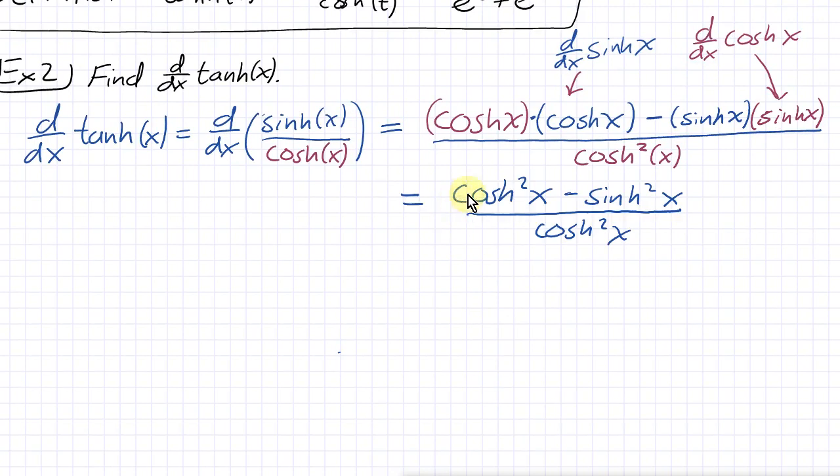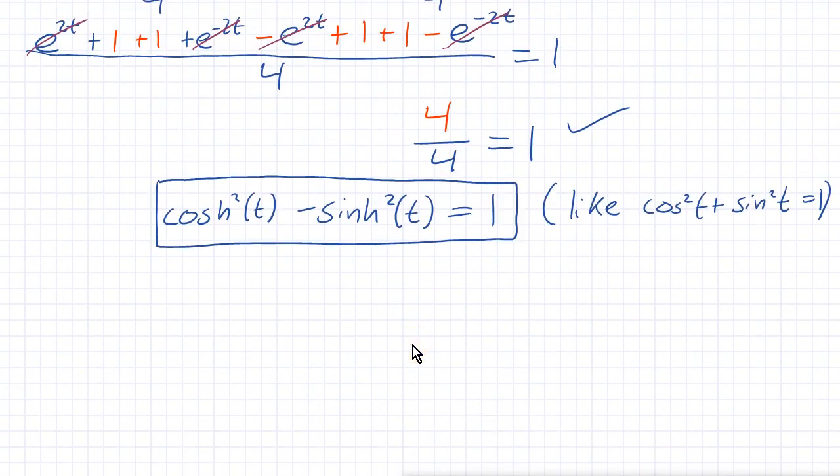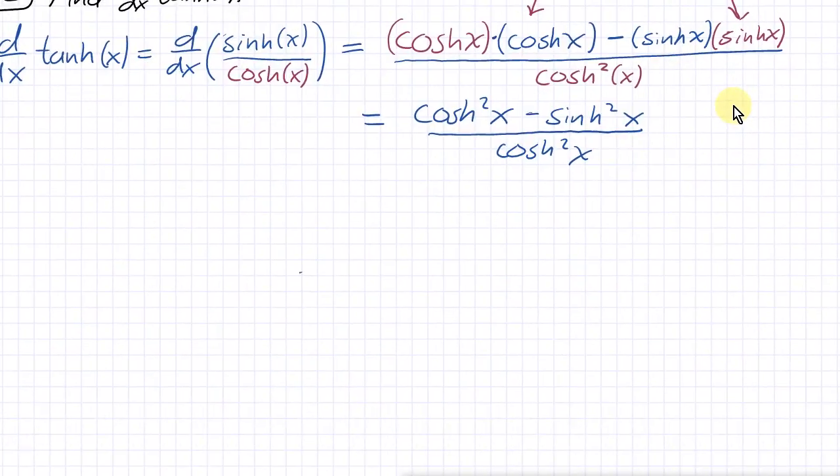Because cosh squared of x minus sinh squared, that was this identity we basically just proved right here, which always results in 1. So you could write this as just 1 over cosh squared of x.